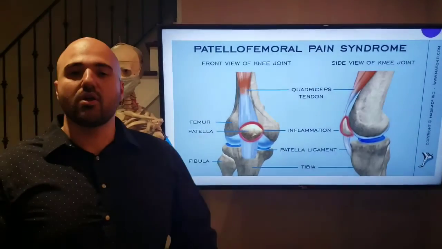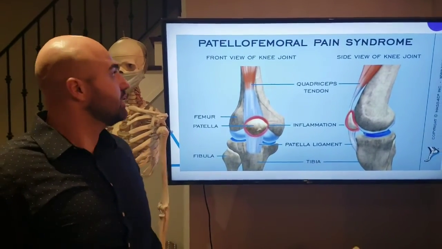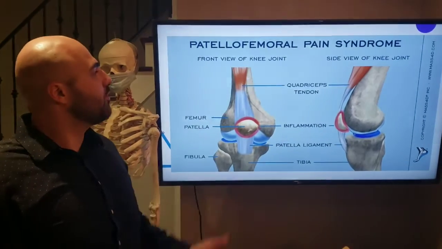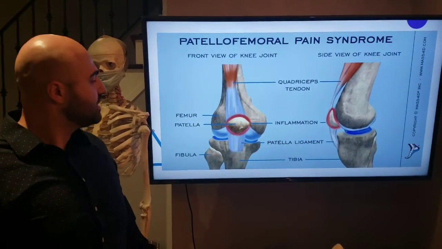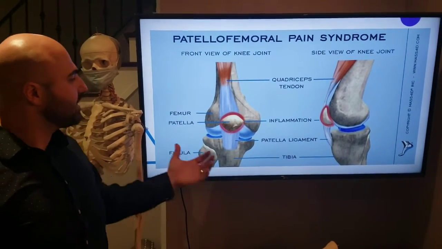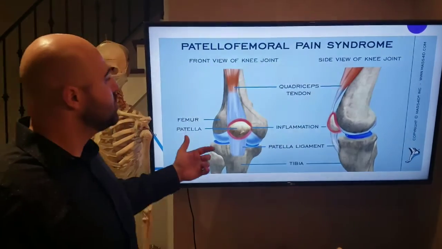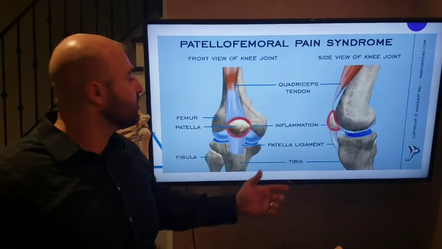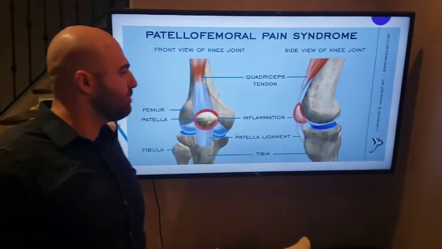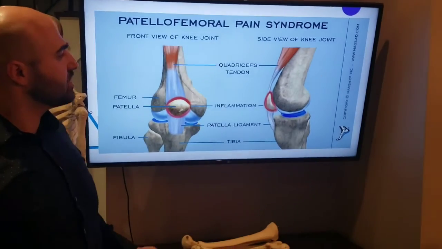And then another very common type of knee issue is patellofemoral pain syndrome. In this situation, it's pain usually at the front of the knee, and it's usually an irritation underneath the kneecap, so underneath the patella. Now, there are different reasons as to why that can be.